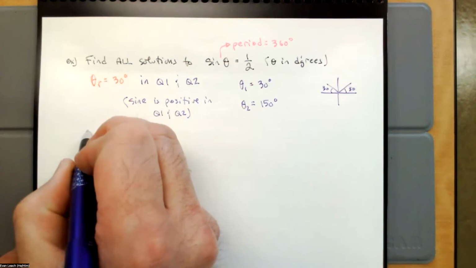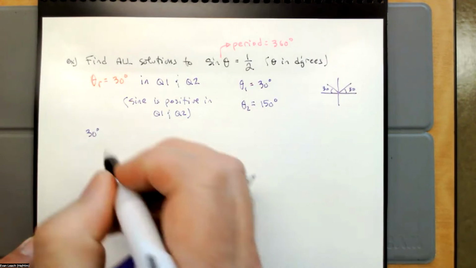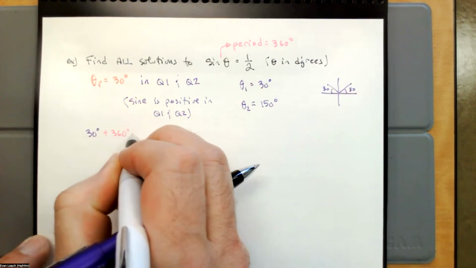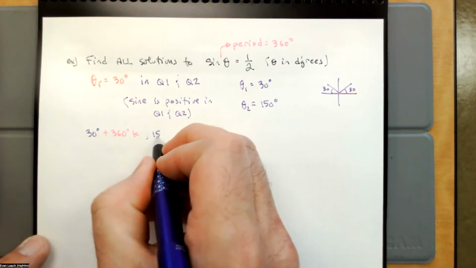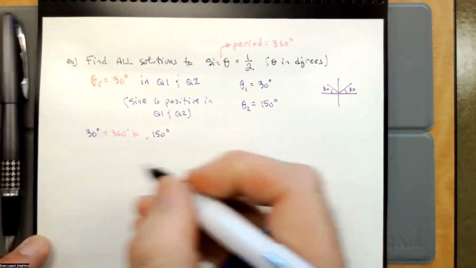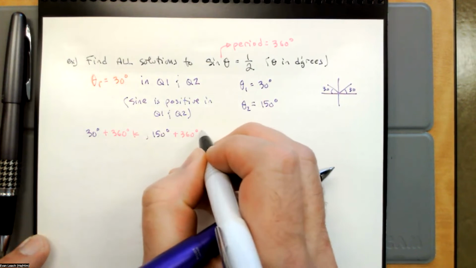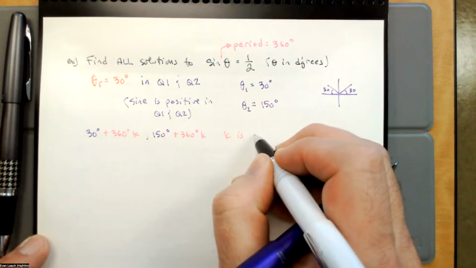So I'm going to have solutions of 30 degrees plus 360 k and 150 plus 360 k, where k is an integer.